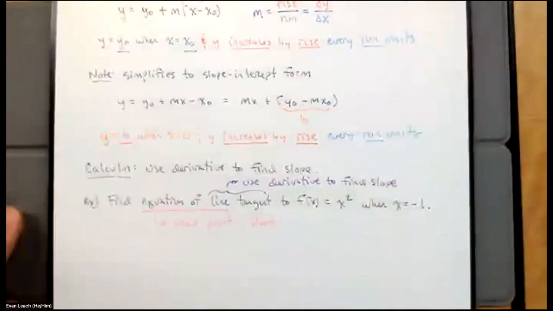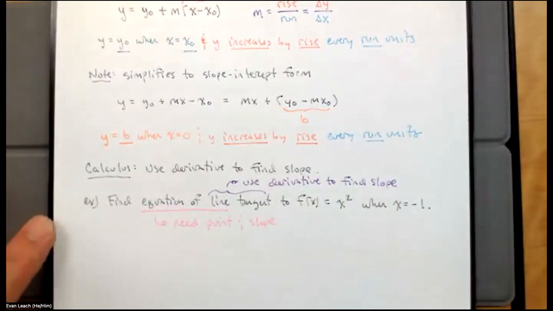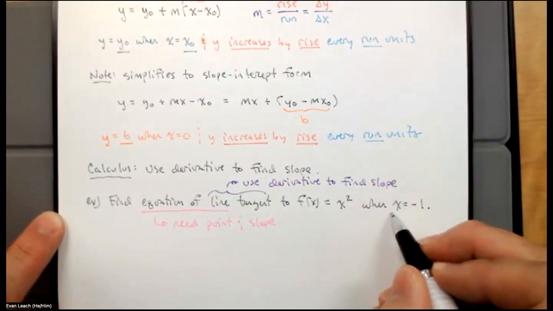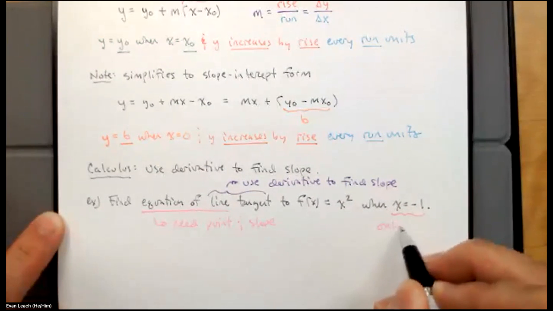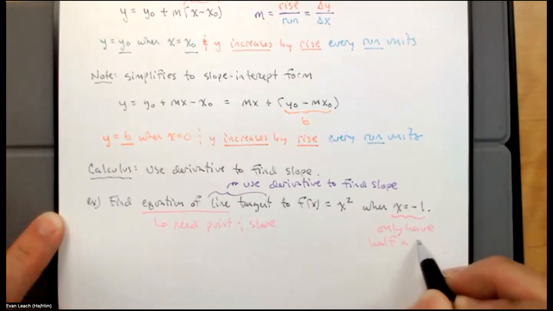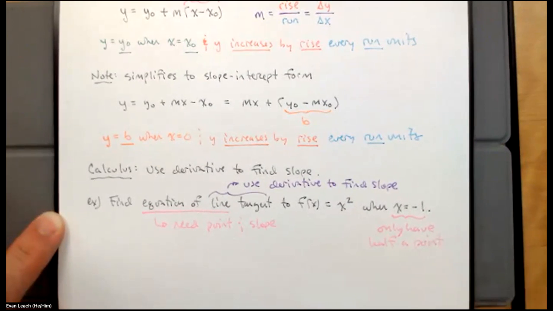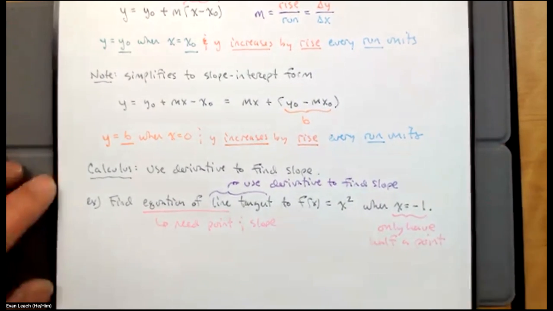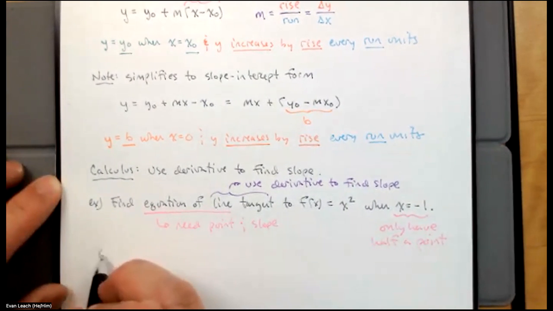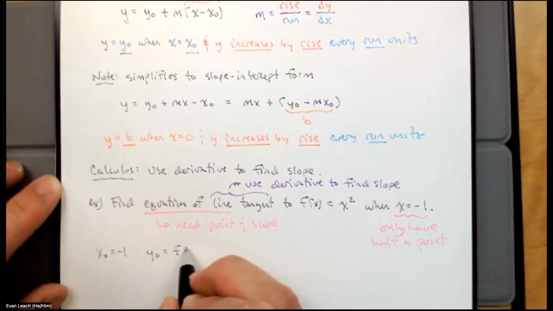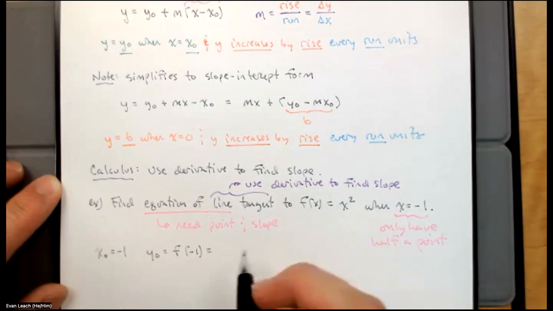One of the things we definitely need is a point, and right now we've only got half a point. We just plug in to find the other half of the point. So x naught is equal to -1. y naught will be f, the function evaluated at -1.